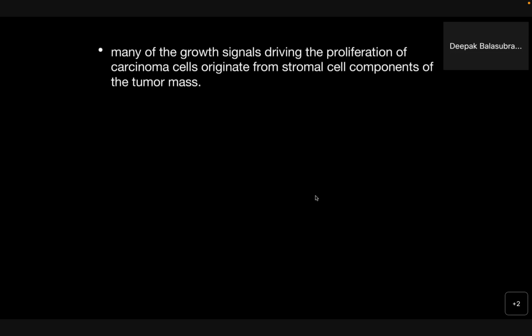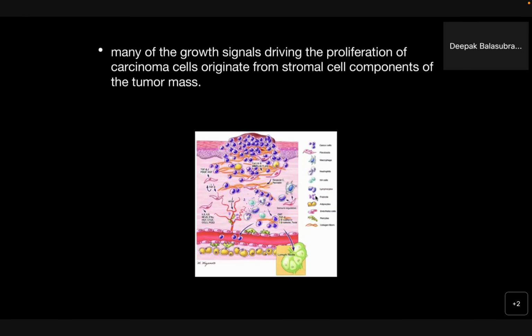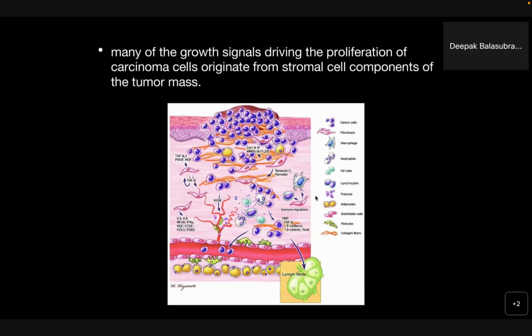So as I mentioned before, the stromal cells that occur along with the tumor are very important for providing these growth factors. So most of the growth factors driving the proliferation of the cancer cells originate from the stromal cell components of the tumor mass. And this is another picture. So you can see that there are different types of cells.